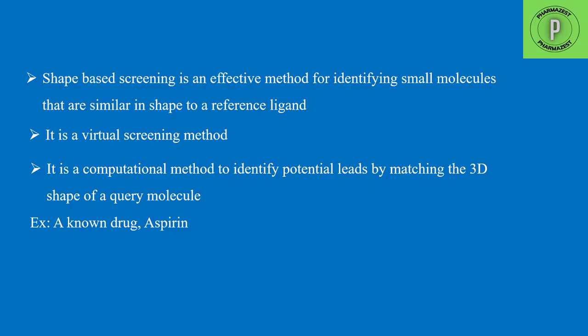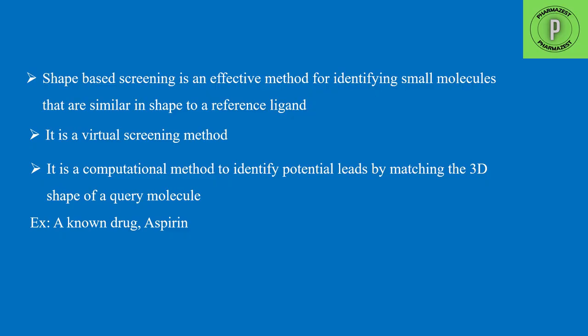So what is shape-based screening? Shape-based screening is an effective method for identifying small molecules that are similar in shape to a reference ligand. Suppose we take a ligand and compare it with different ligands already present in a database.